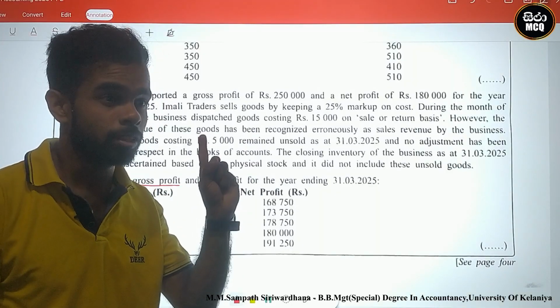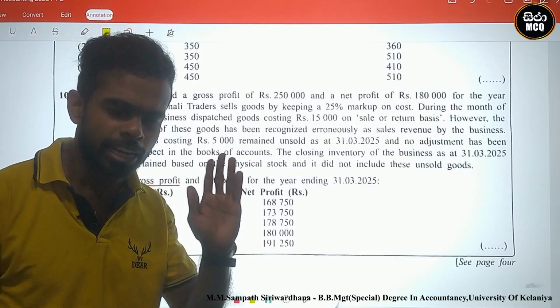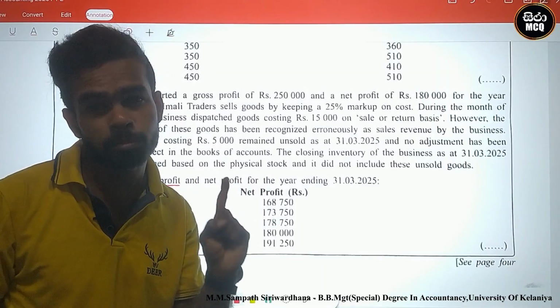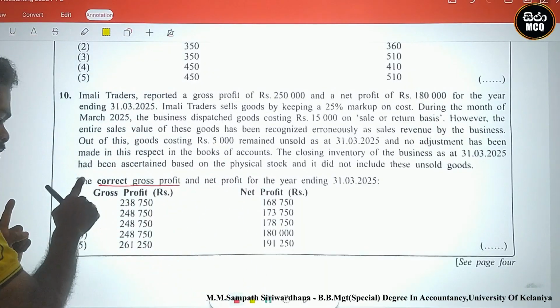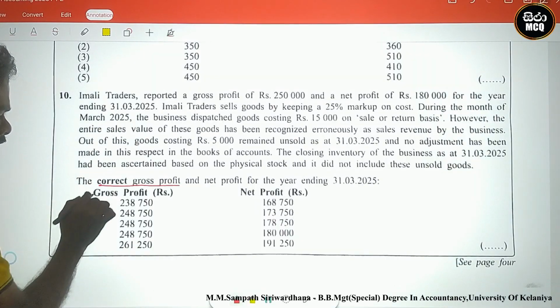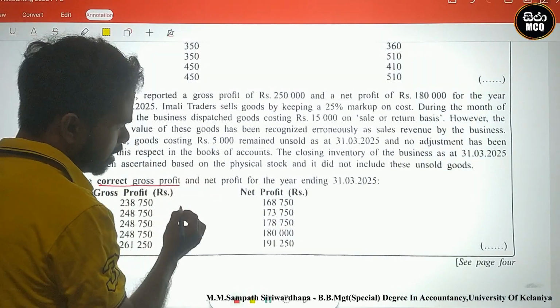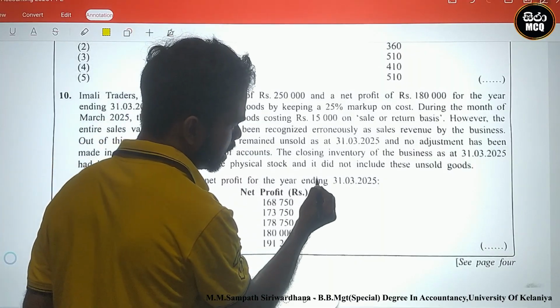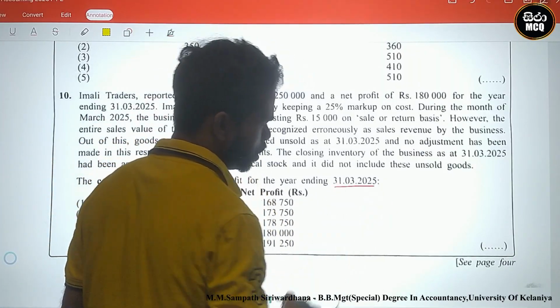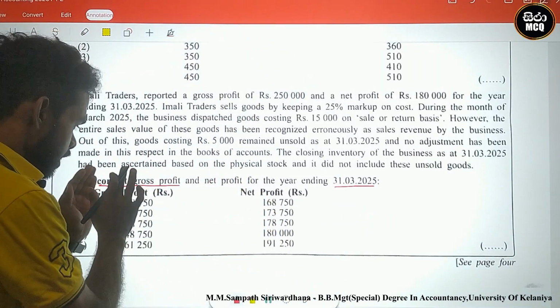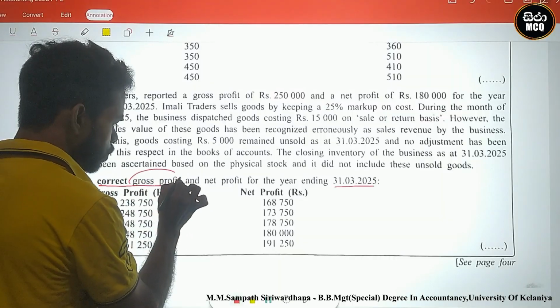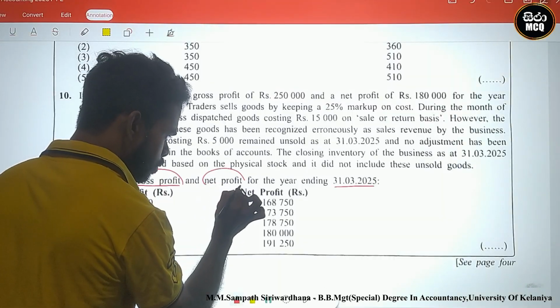They need the correct gross profit and net profit for the year ending 31st March 2025, both the correct gross profit and the correct net profit.